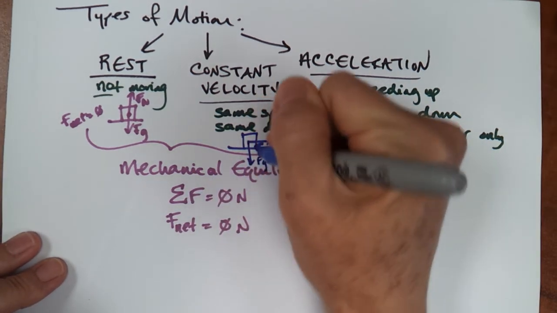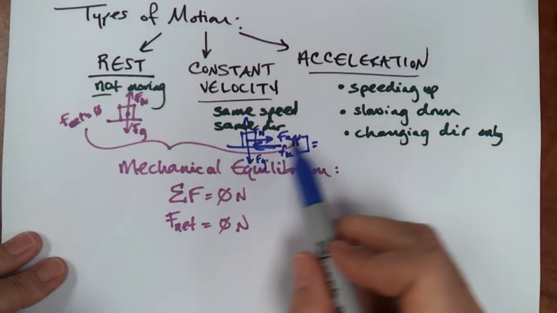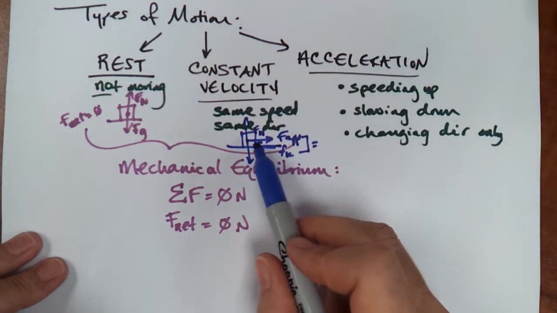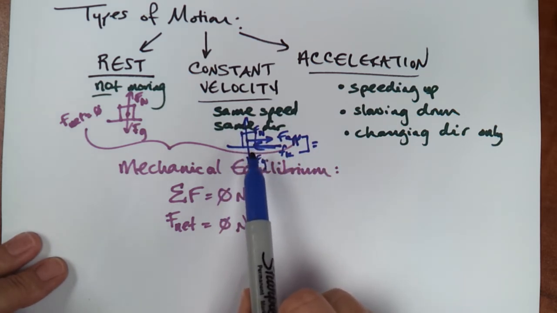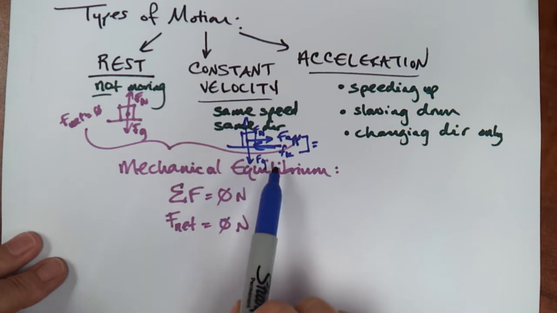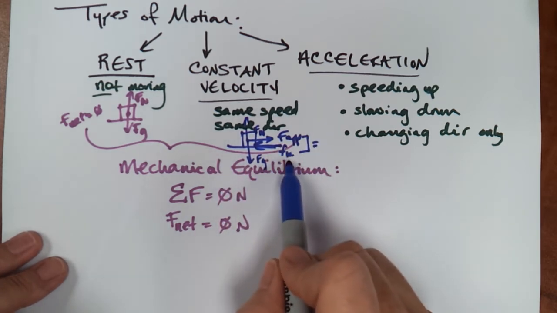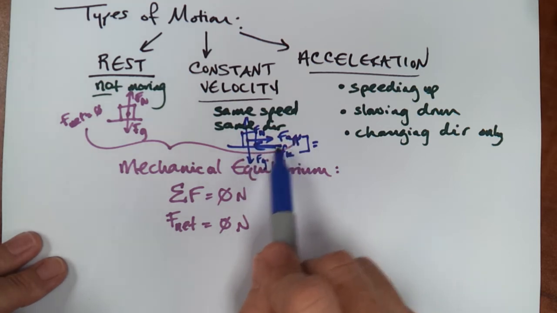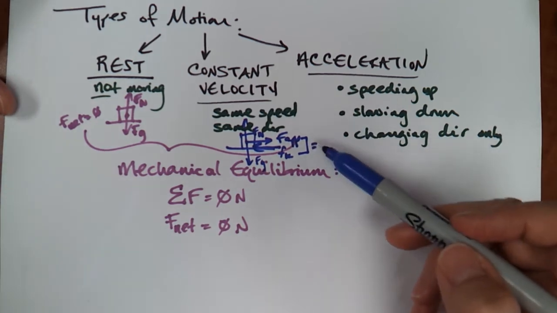I have my FG, sort of draw it out, my FN. So in order for this to hold true for mechanical equilibrium and constant velocity here, I would need to state that this was already in motion to begin with. If it's not already in motion, and you should probably understand that it's in motion because I use FK, that's a good tip, but I will probably be even more deliberate in telling you that it is in motion.